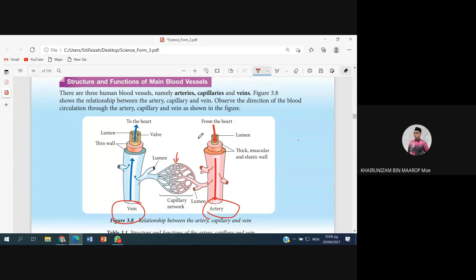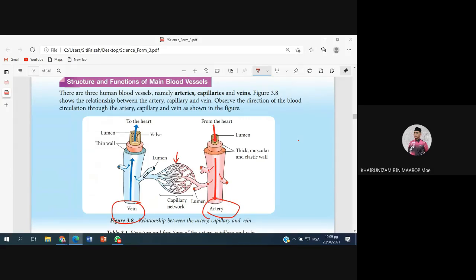If you look at the arrow here, it shows the blood from the heart going through a narrow lumen, where the artery has a thick, muscular and elastic wall, and then the blood is delivered to the capillary.